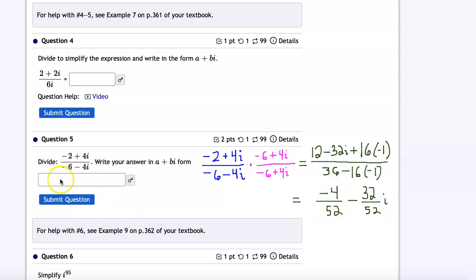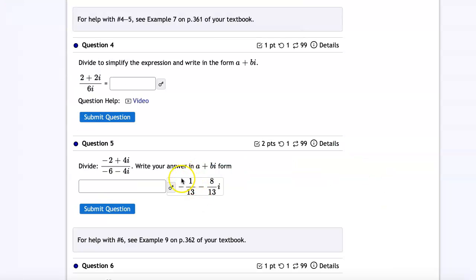This is going to become negative 1 over 13 minus, these are both divisible by 4, 8 over 13. Notice we're writing this in standard form, the a plus bi form. And here it is with the typed up answer.